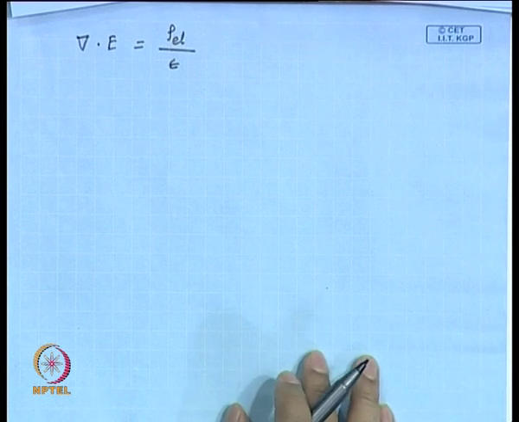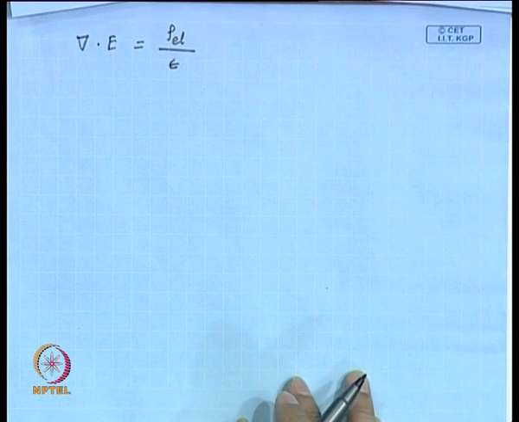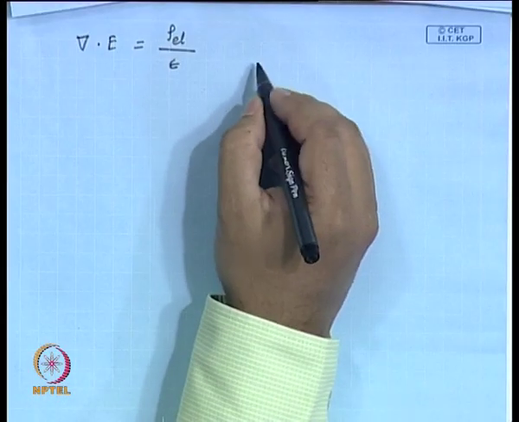What is delta dot V in the fluid mechanics context? Continuity, right? Del U del x plus del V del y equals 0, or change in density, if you want to put it. So, here delta dot E is defined as rho E L by epsilon, where epsilon is constant.